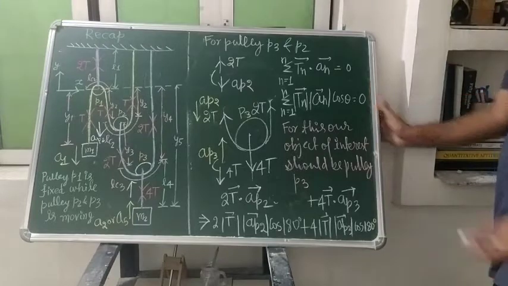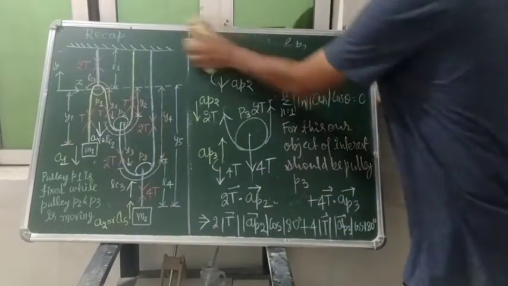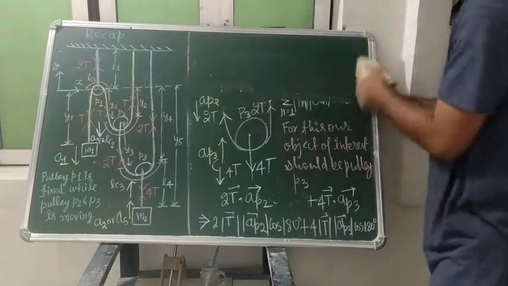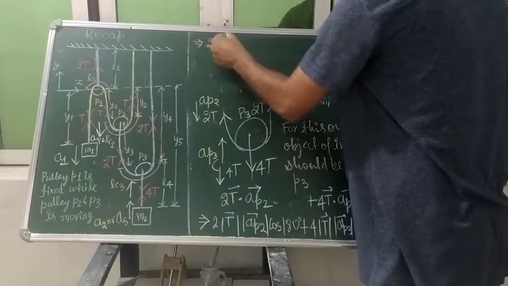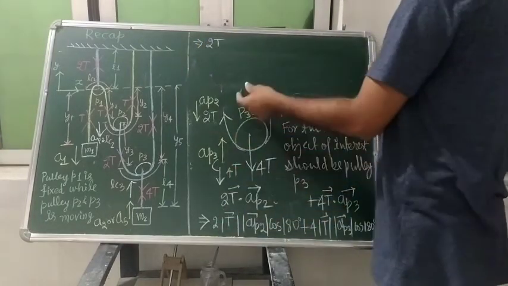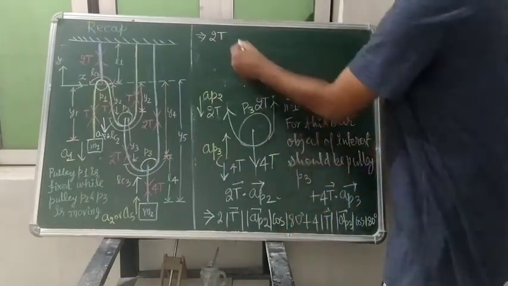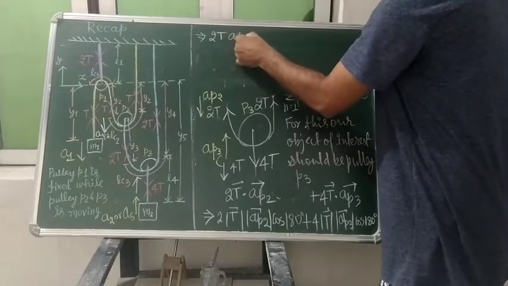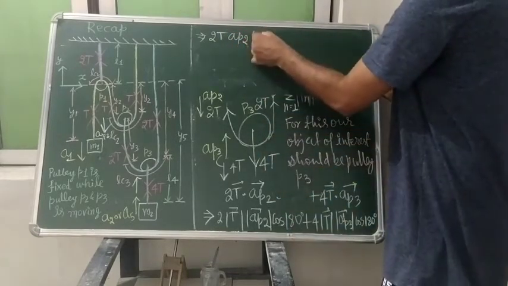So I am removing the dot outside. This is going to give us what? Twice of T, magnitude of AP2, and cosine 180 is what, student? Minus 1.